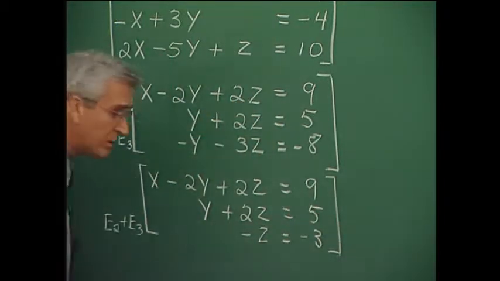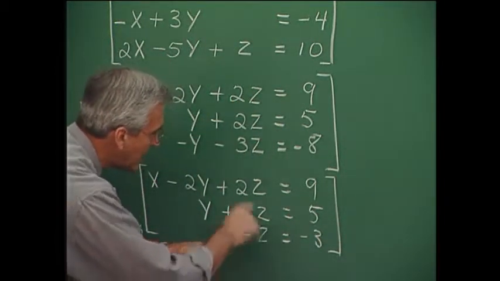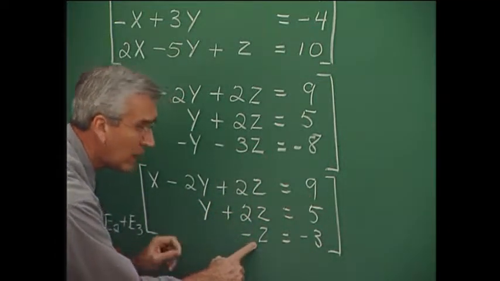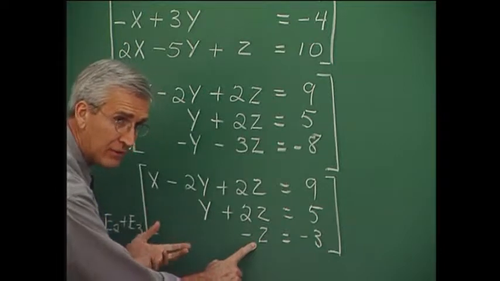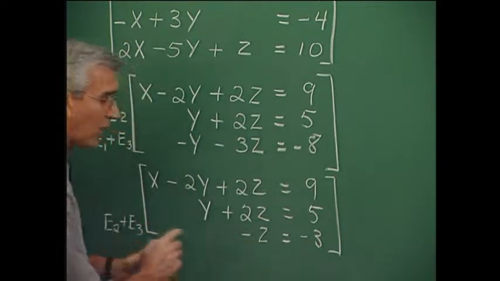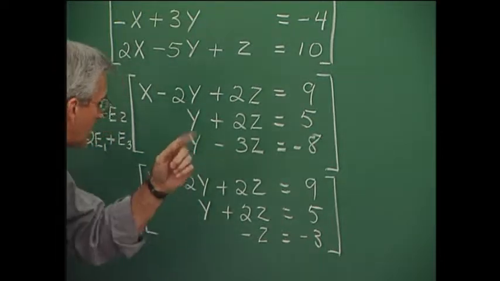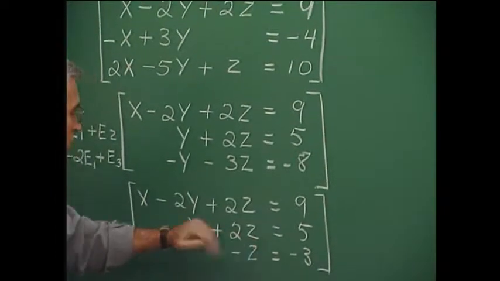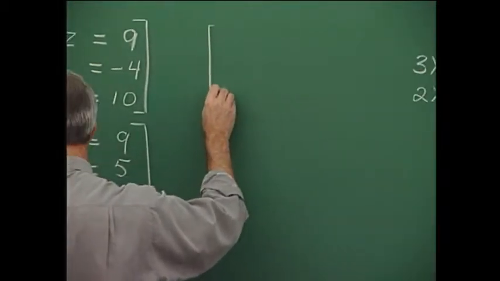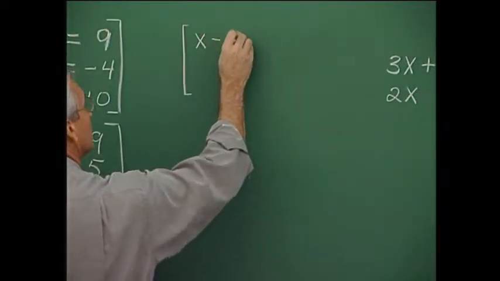Now, to cause this entry to be a 0 right here, we're going to work with these two. You see, we're going to operate here and add to that. So it's negative 2 times row 3 and add row 2. Now, I said this is relatively trivial. Look at what happens right here.